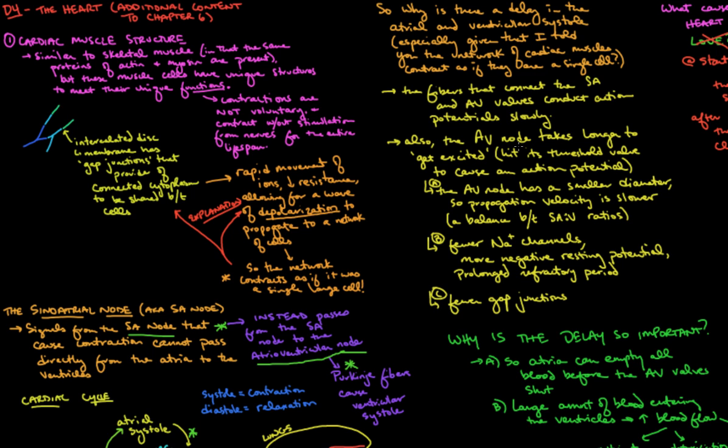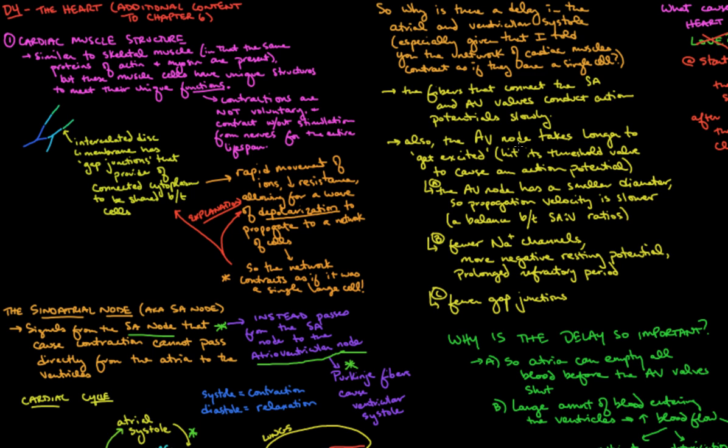Therefore, it takes even more of a positive charge internally to that AV node to cause the action potential to kick off and go through that all or nothing principle, because it's got to hit that threshold value. And part of that is due to the AV node having a smaller diameter. You'll have to trust me on this. I can definitely show you the proof of this in class when I come back. But when a nerve cell has a smaller diameter, the propagation velocity is slower.